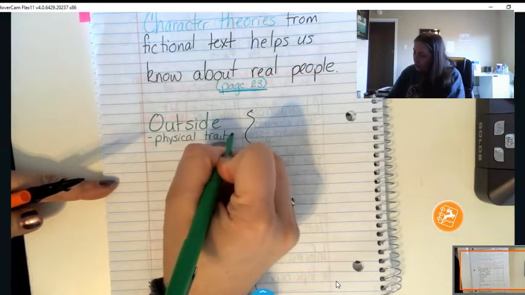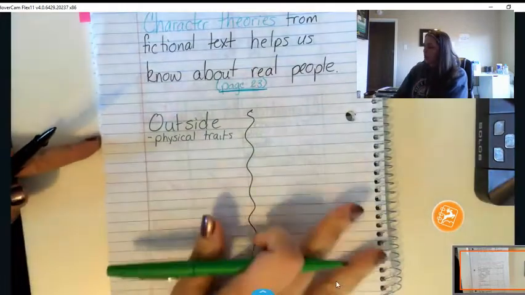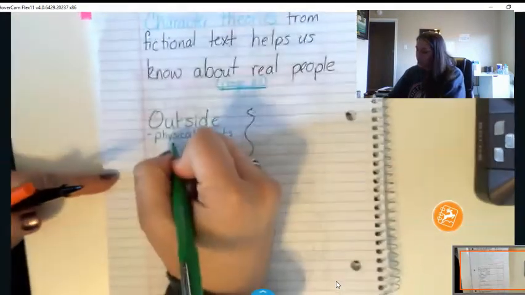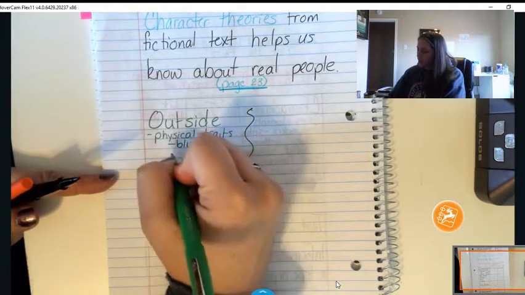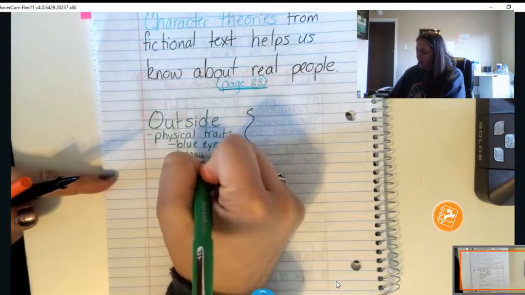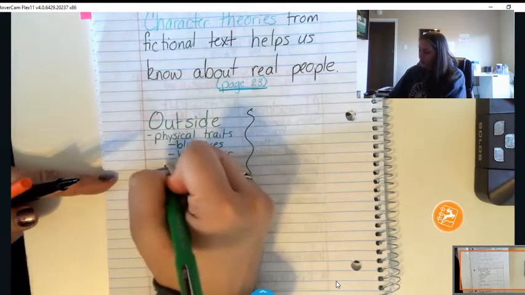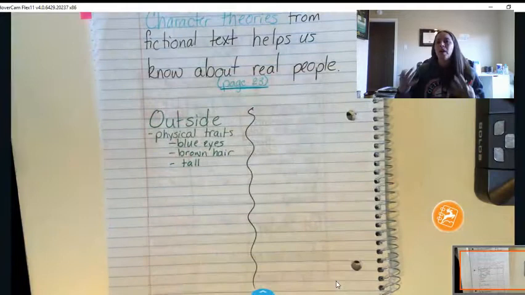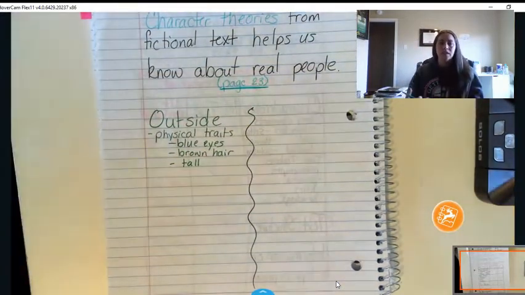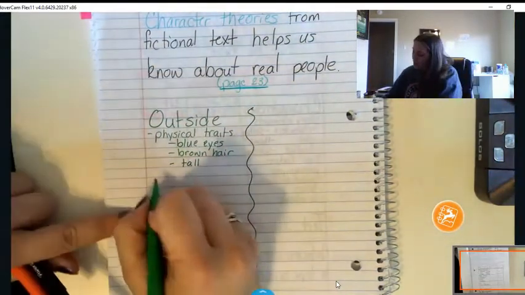For example, if you described Miss Rogge, my physical traits, you could say that I have blue eyes, brown hair, and you could also say that I am tall. These are all things that you can see about me.